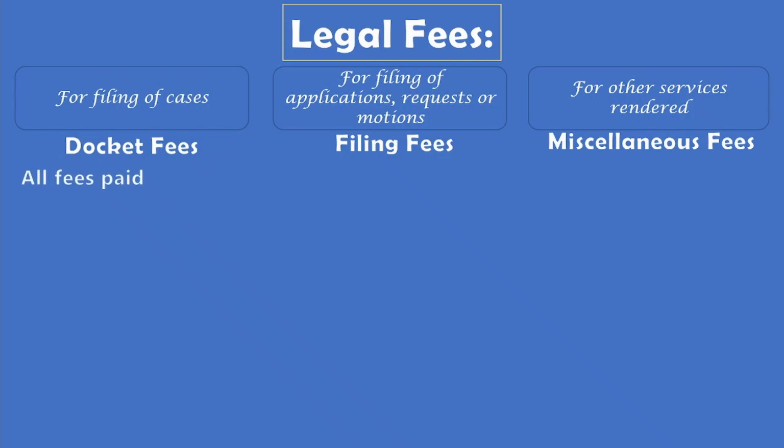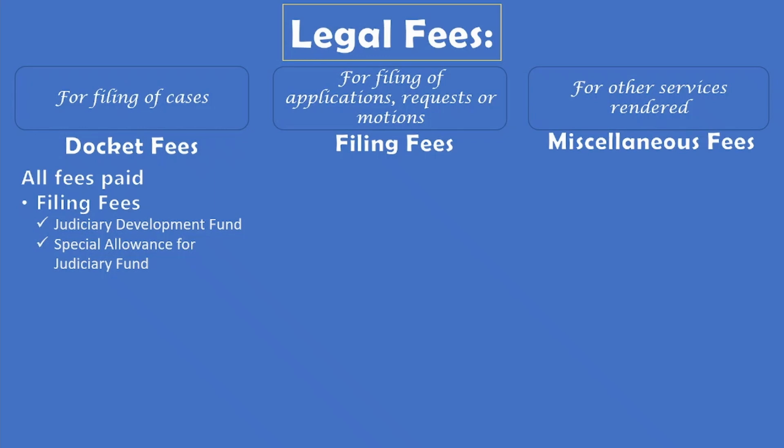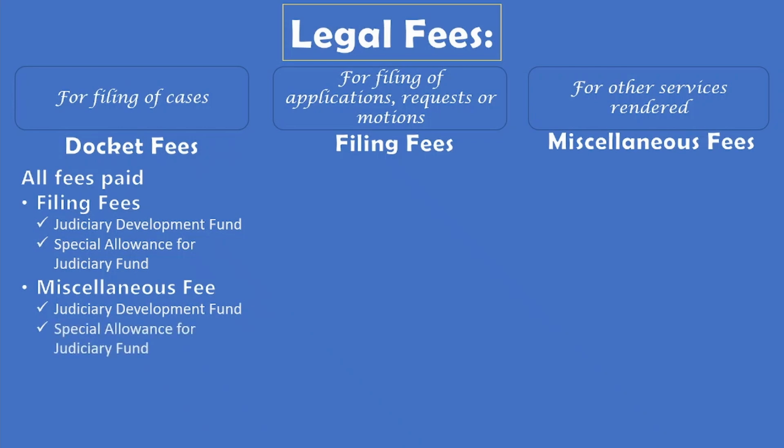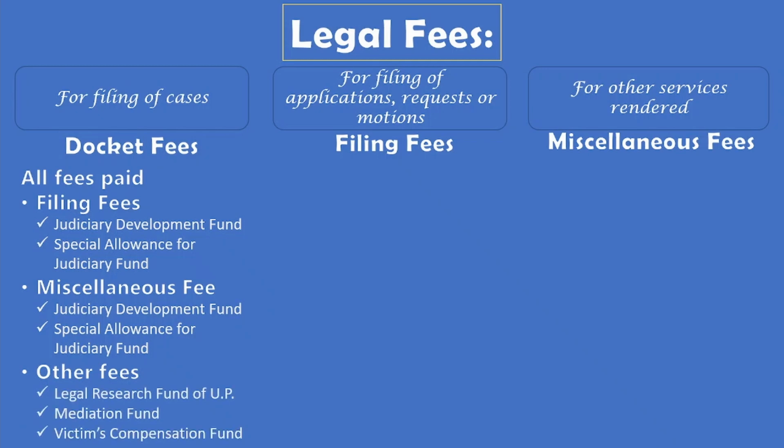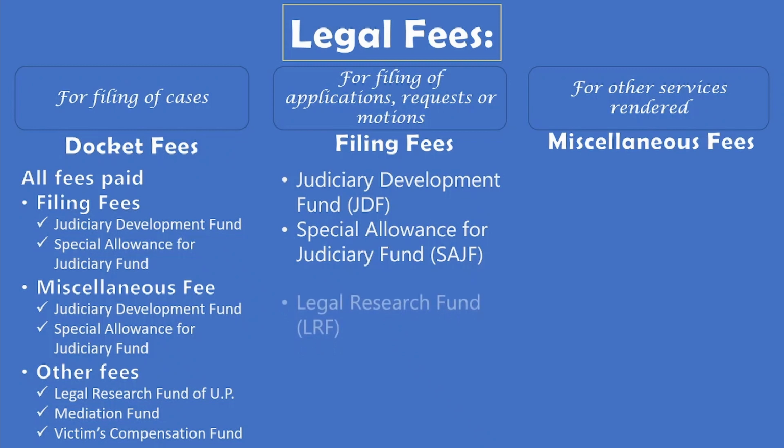Under filing of cases, all fees paid, filing fees, Judiciary Development Fund, Special Allowance for the Judiciary Fund, those are filing fees. Miscellaneous fees include Judiciary Development Fund, Special Allowance for the Judiciary Fund, and other fees like LRF, Mediation Fund, Victims Compensation Fund. So under filing fees, the JDF, SAJ, and the LRF, three funds for filing fees.